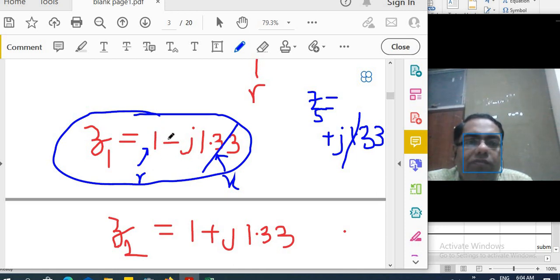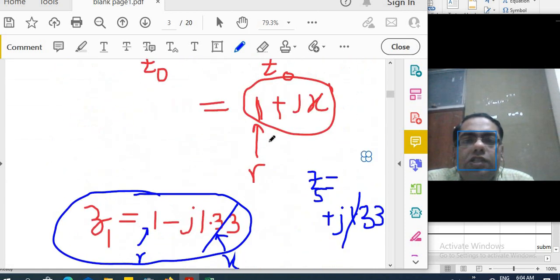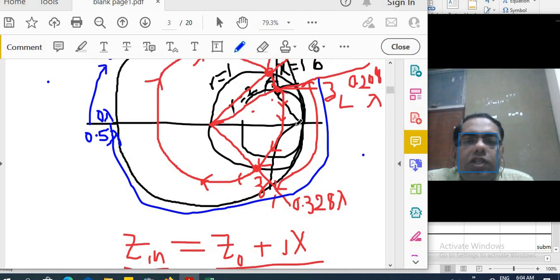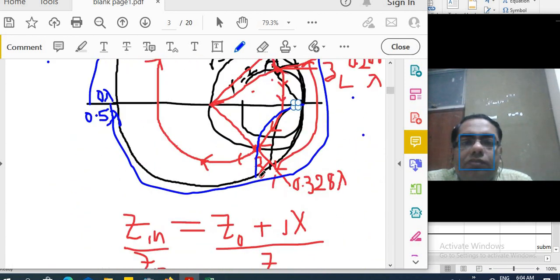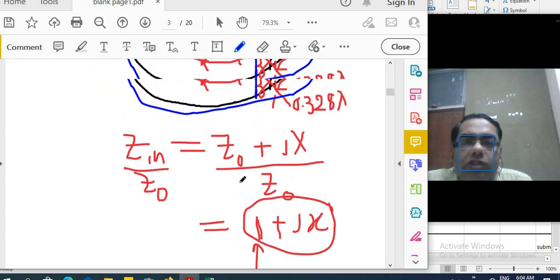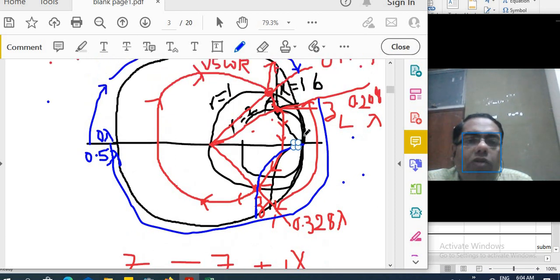This is the logic. Now if you see the Smith chart, this z1 corresponds to, if I draw the x line, minus j1.33.